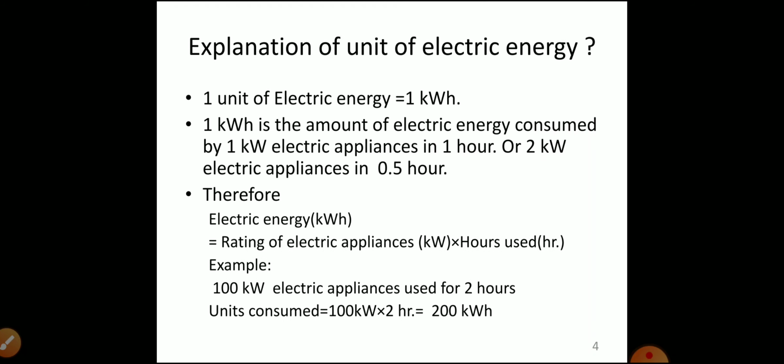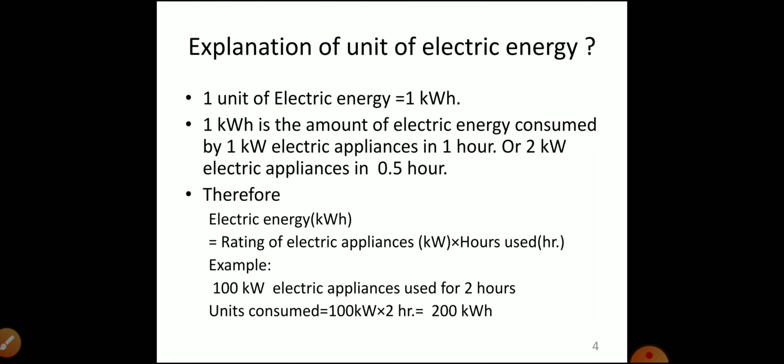Therefore, electrical energy in kilowatt hour is equal to the rating of electrical appliances multiplied by hours used. For example, a 100 kilowatt electrical appliance used for 2 hours.